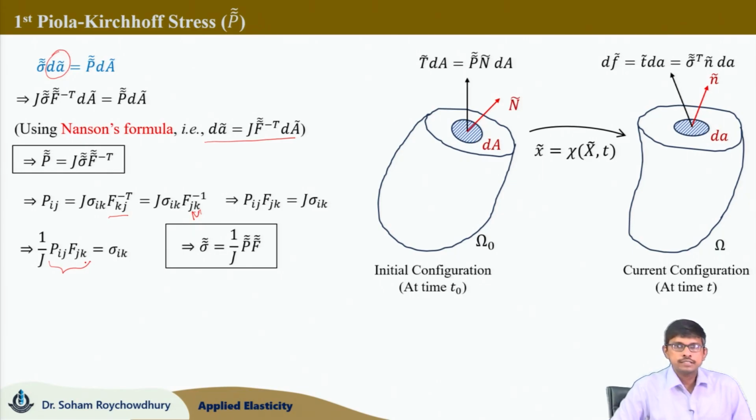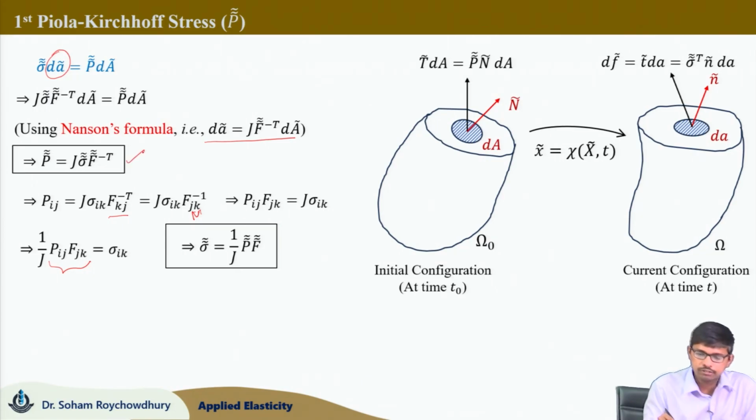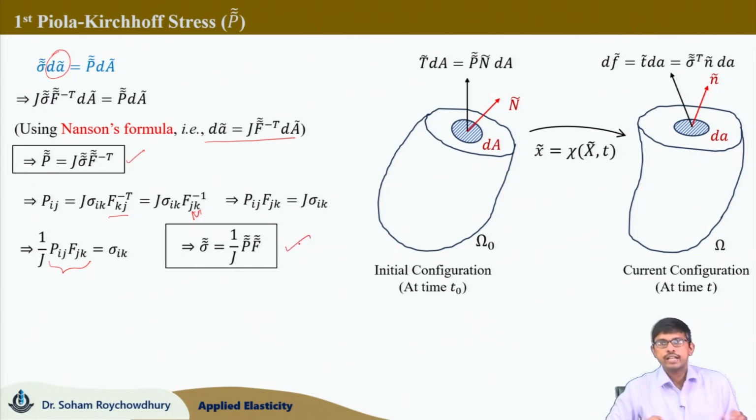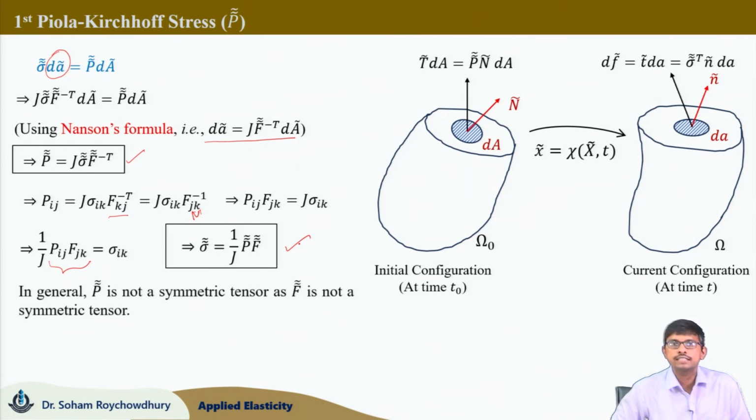So, the Cauchy stress tensor sigma and the first Piola-Kirchhoff stress tensor P are related through this form, either using this or using this. If any one is known and we know the mapping deformation gradient tensor, then we can find the other stress measure. Now, in general, F is not symmetric, and thus P, the first Piola-Kirchhoff stress tensor, is also not symmetric in general.